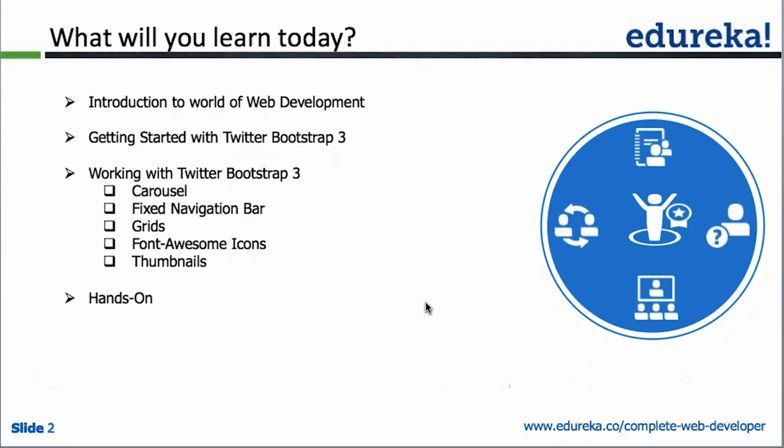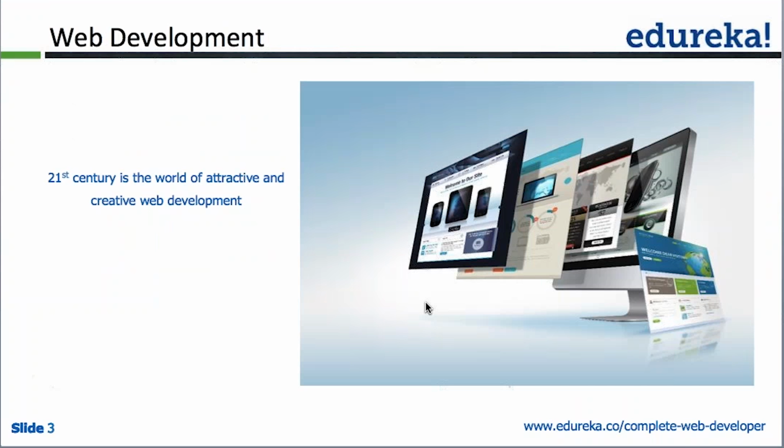Today I'll be explaining what a responsive website is, the benefit of having a responsive website, and how we can create it with the help of HTML5, CSS3, Bootstrap, jQuery, and JavaScript. I will quickly take you over those things.